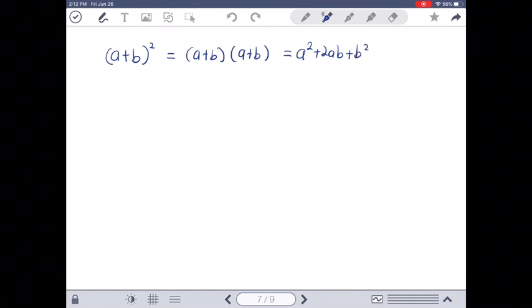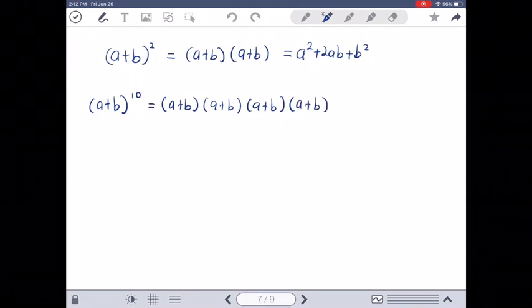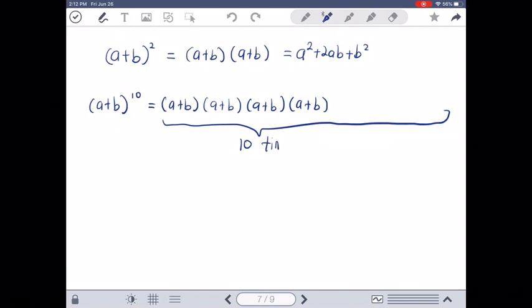So that is an easy expansion. What if we have, say, (a plus b) to the power of 10? This means that we need to expand (a plus b) multiplied with (a plus b) multiplied with (a plus b) multiplied with (a plus b), 10 times.